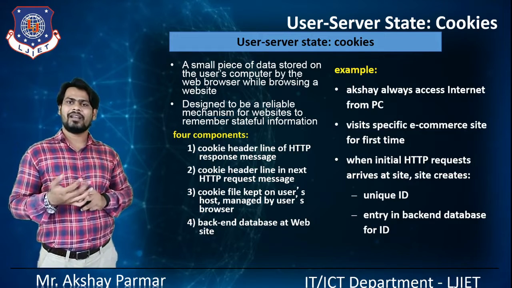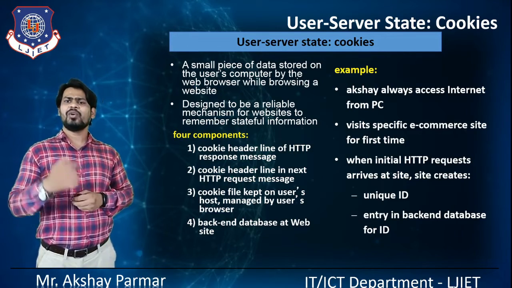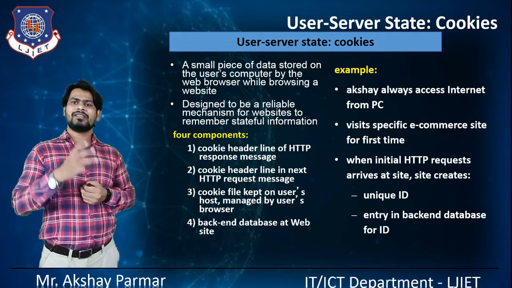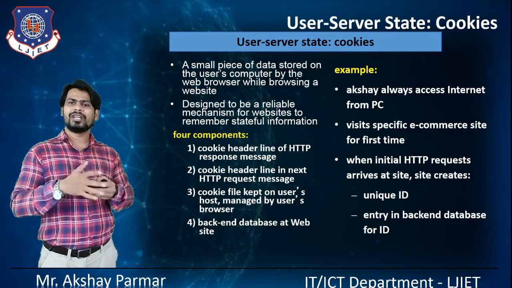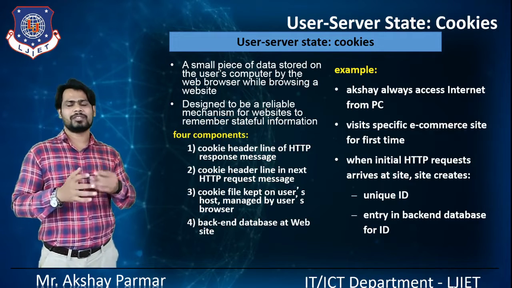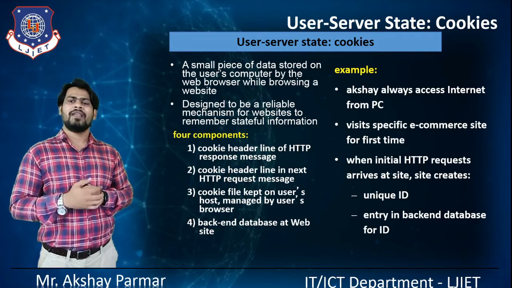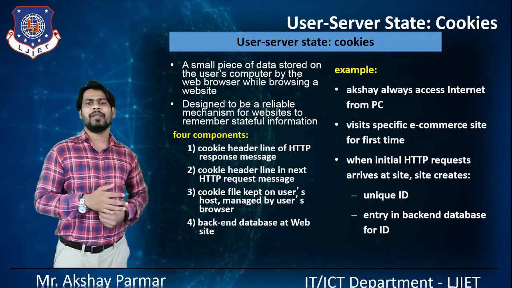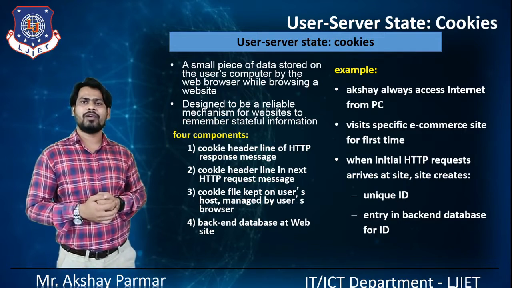The cookie header line of the HTTP response message. The cookie header line in the next HTTP request message. The third component is the cookie file kept on the user's host, managed by the user's browser. So that cookie is managed by the user's browser itself. And the fourth component is the backend database at the website. Those are the four basic components whenever you are working with cookies.